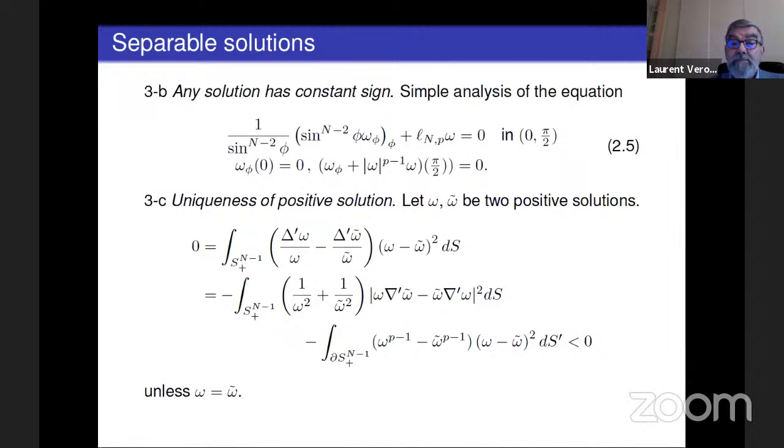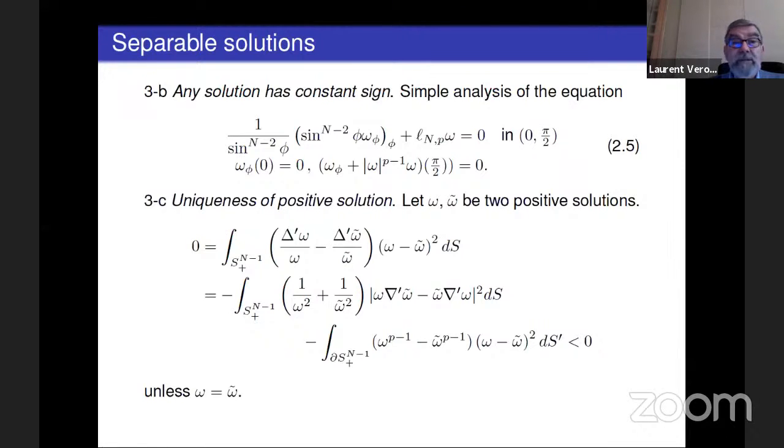And now the boundary term is this one. So this is a boundary term, so this is negative except omega is equal to omega tilde. So this proves there is uniqueness. So now we know the solution depends only on phi, it has constant sign, and there is uniqueness of positive solution.